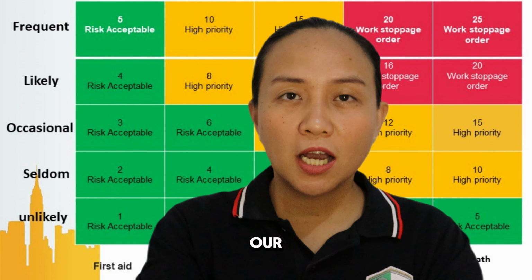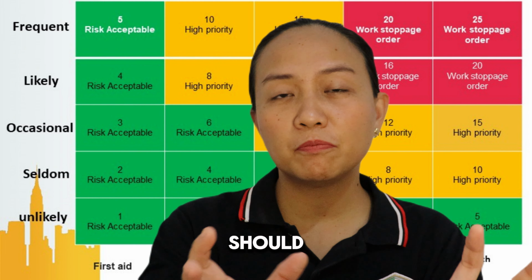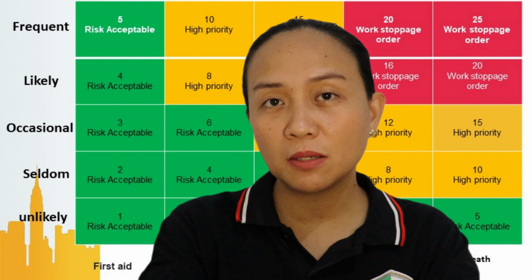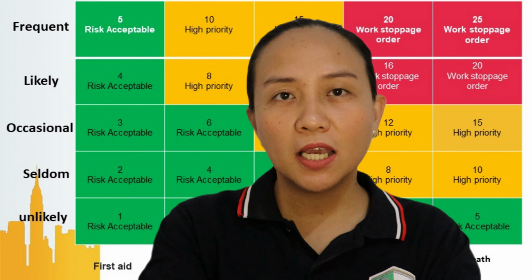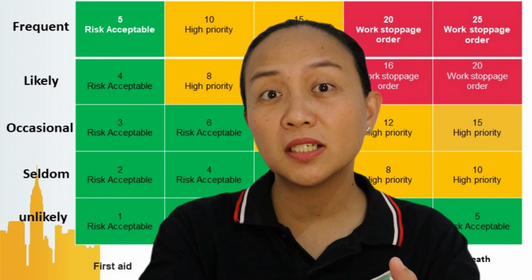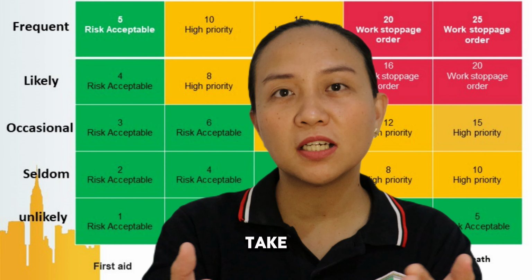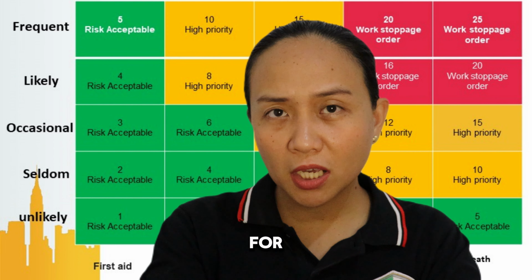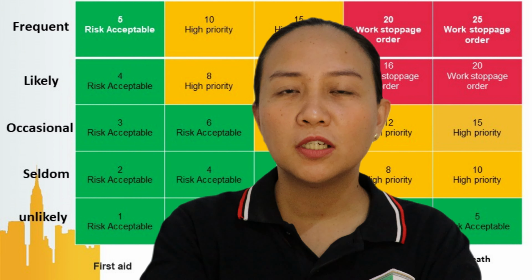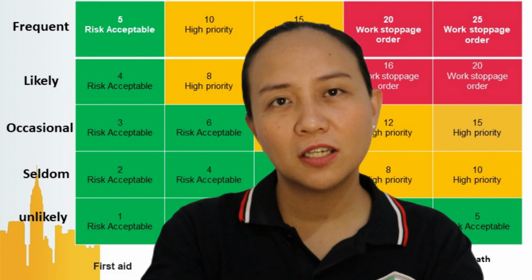Meaning po, ang ating worker is pupunta lang po ng clinic, lapatan po siya or gagawan, perform a first aid on him or her, and the worker can go back to the job. Or so hindi po siya nag-leave or kailangan ng recovery for him or her to be able to go back to work. So, we will score it as 1.